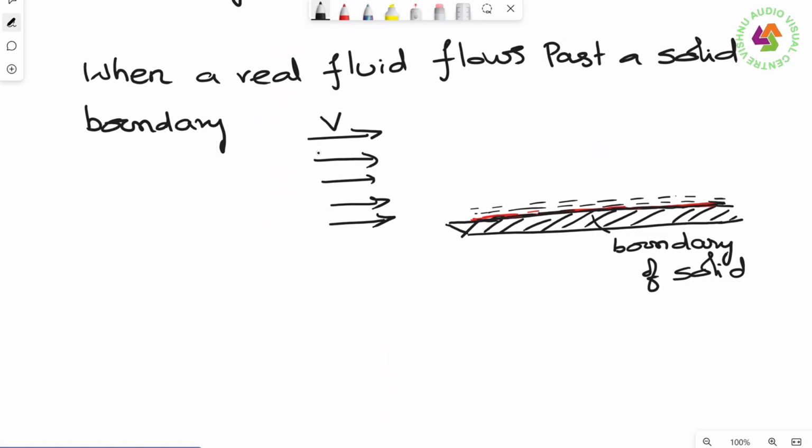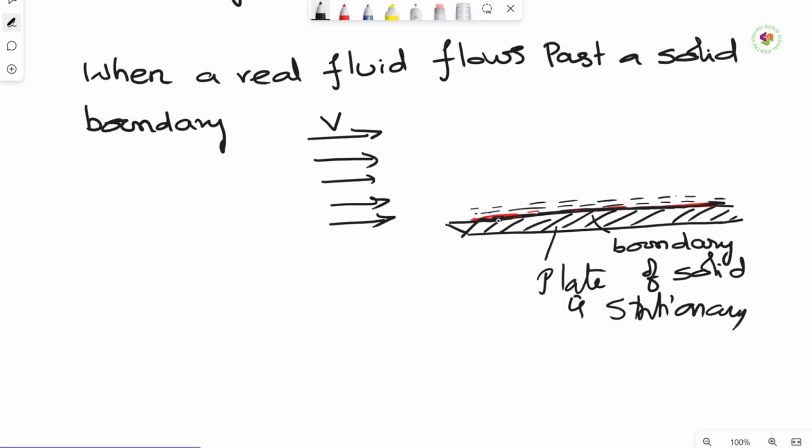Their original velocity is V, but once they approach the solid boundary, their velocity at the boundary is zero, because this plate is stationary. So the velocity of the fluid particles at the boundary is zero.